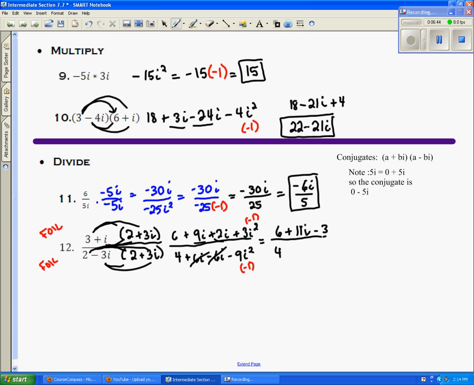Our inside terms cancel, as always with conjugates. Negative 9 times a negative 1 is a positive 9. We're going to simplify that, and we get 3 plus 11i over 13. 3 plus 11i over 13.